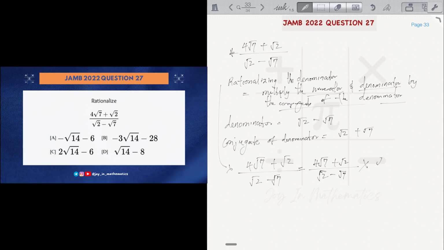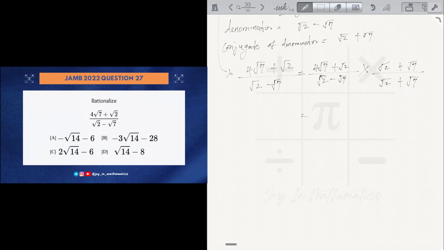That will give us root 2 plus root 7 divided by root 2 plus root 7. So let's simplify this together now.